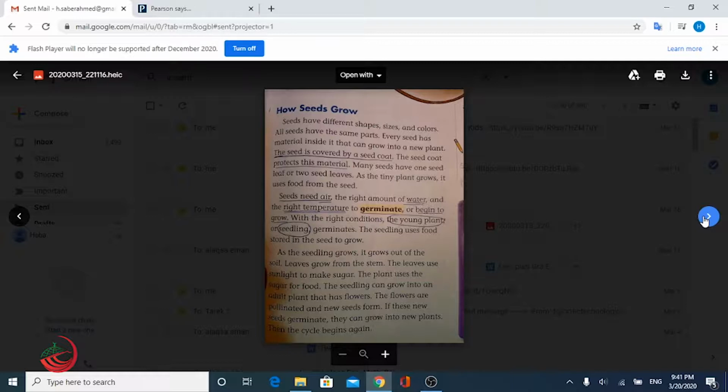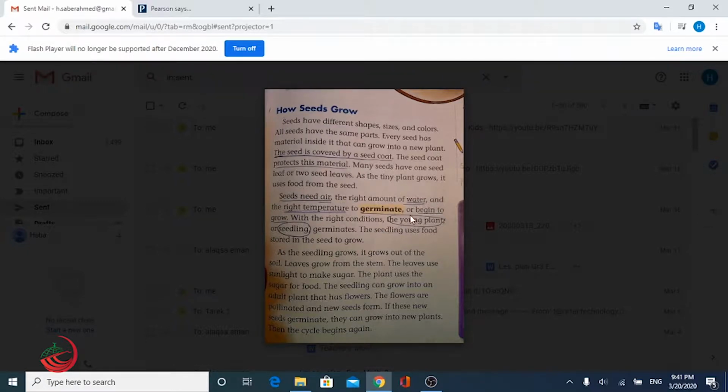So how will this bean or this seed grow if I put it into the right conditions? What are those right conditions in the first place? Those right conditions are air, the right amount of water, and the right temperature to germinate.